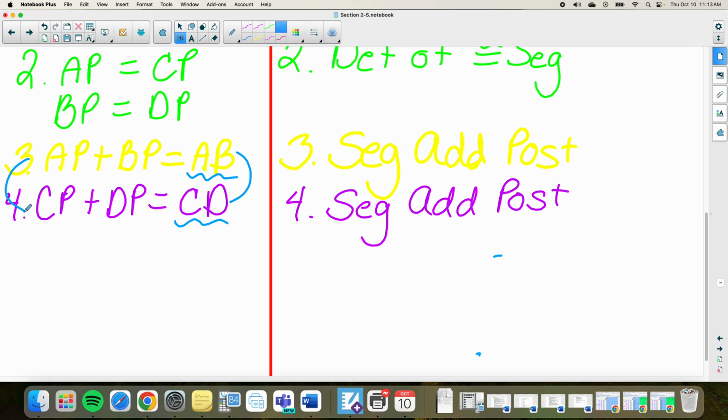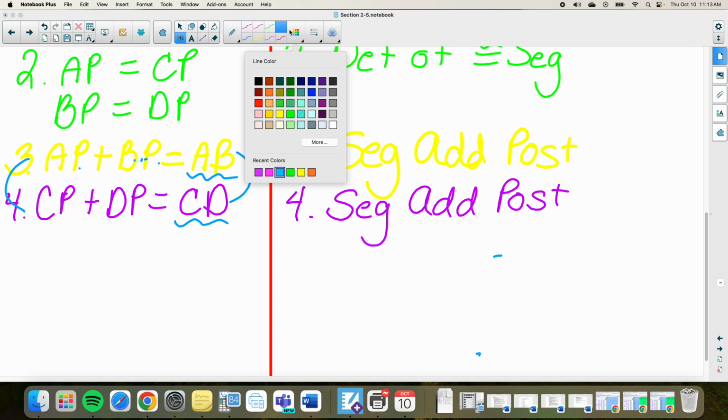Okay, so if these two sides were the same, then I could say these two sides are the same. So what would be really nice, because these are what I want to prove equal, is if I could get this in yellow to look exactly like the one in purple here. So if I could substitute AP and put CP in there, if they're equal, and if I could substitute DP in for BP, that would make them equal. So let's look at doing that, okay?